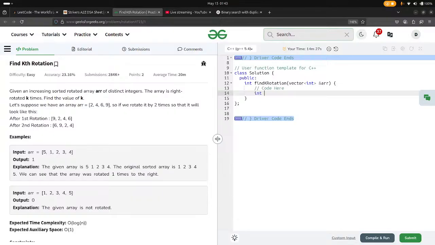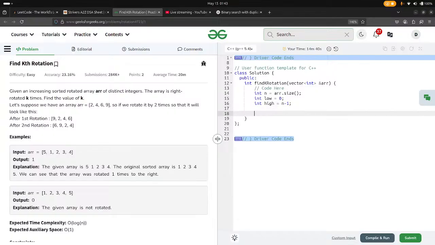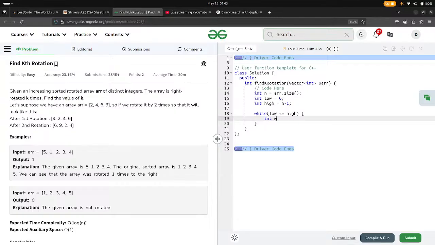Let me quickly write the code here. Okay, I just have to write a simple binary search, and I have to calculate mid as low plus (high minus low) divided by 2.